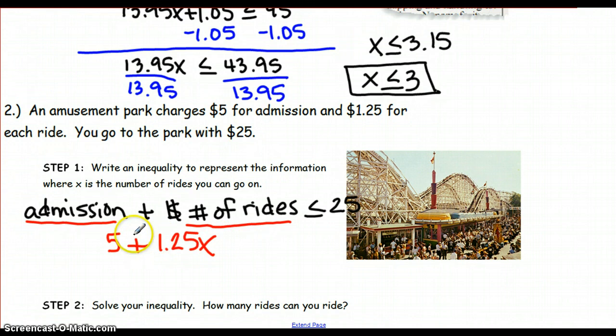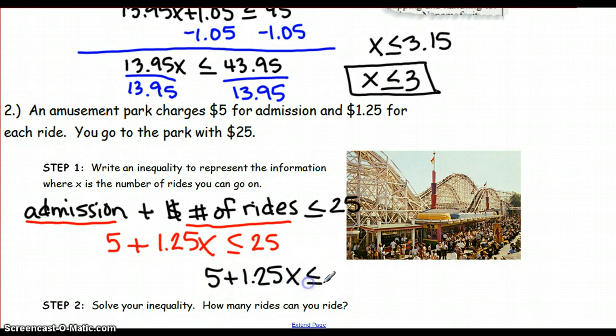And we know that when we add the admission plus the $1.25 for each ride, that it has to be less than or equal to $25, which is what we have to spend. So our inequality here is 5 plus $1.25x has to be less than or equal to 25.